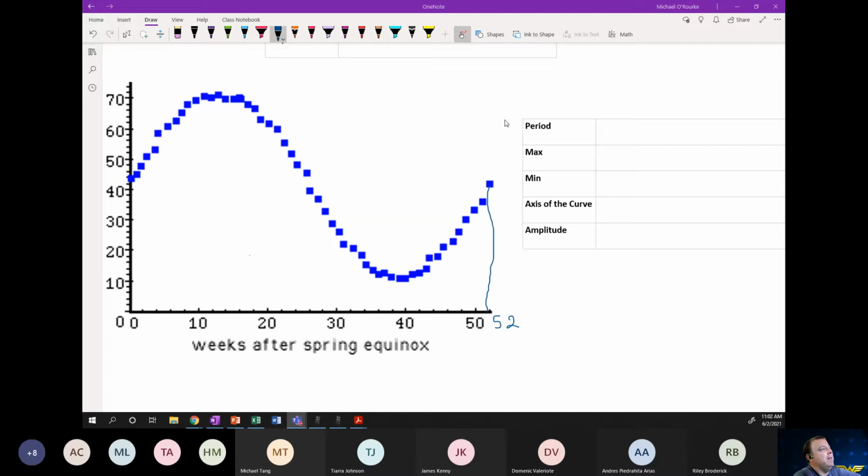What do you think 40 is going to be approximately? What number? What period, max, min, axis of the curve, or amplitude? Maybe amp. Not quite amp, but axis. It kind of cuts in half, doesn't it? Right? You can kind of eyeball sometimes, and then you can do the calculation and see if it's right. Cool.